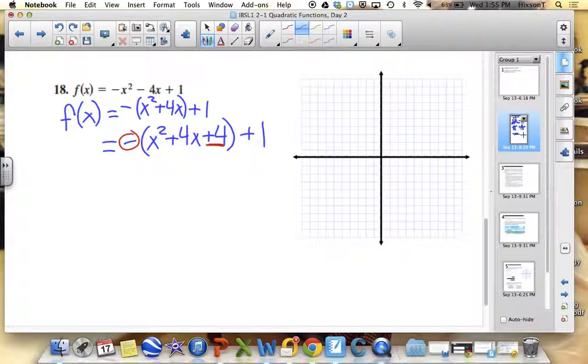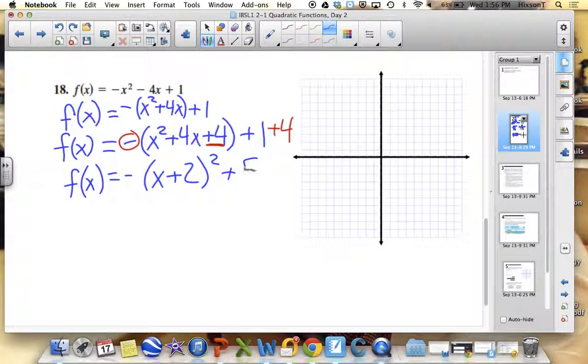So I actually subtracted 4, which means I need to add 4 on the same side to keep this equation balanced, because now I just added a form of 0 to the equation. Now I've got my standard form: f of x equals negative x plus 2 squared plus 5.